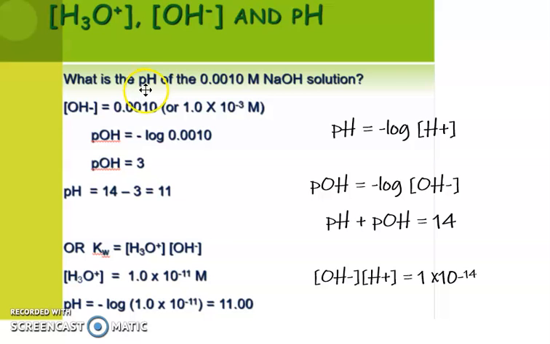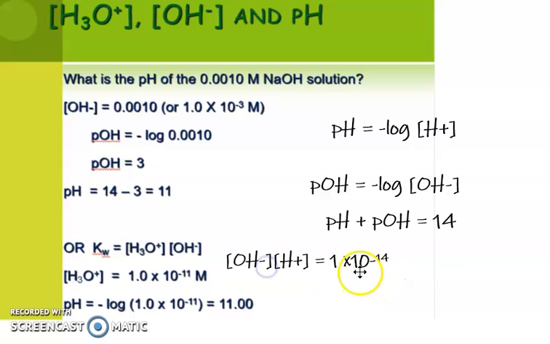You want the pH, you're given the OH concentration, so you could also use this relationship by dividing 1 times 10 to the negative 3 into 1 times 10 to the negative 14. When you do that, again you subtract exponents, so it's going to be 1 times 10 to the negative 11, which really means a pH of 11. Because once you divided it, you are now in the hydrogen ion concentration or the hydronium ion concentration.